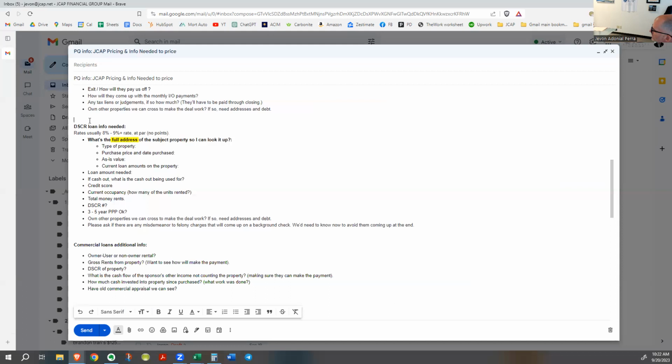If the cash flow is at least breaking even, then that's a DSCR 1. If it cash flowed enough to be double the expenses, then that's a cash flow 2, a DSCR 2. And so for these DSCRs, we want at least a cash flow property, a number, DSCR number 1 or greater. And then we would just need this information.